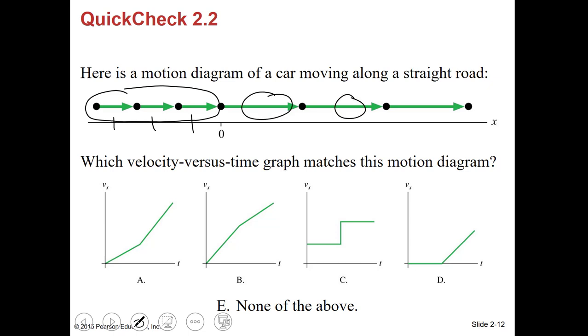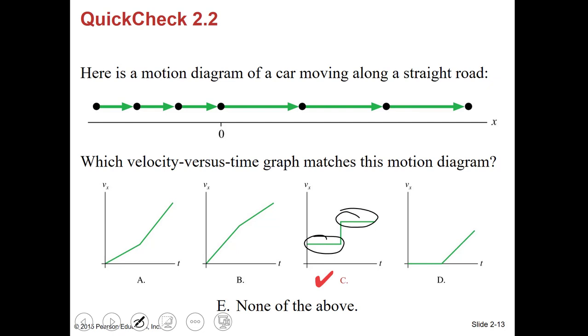The arrows here are bigger, so it's larger. Also positive, though. Okay, so we have a positive constant velocity, and then in the second part, also a positive constant velocity, just greater. So that corresponds to C. Positive constant velocity, first part, and then the second part is a greater positive velocity.